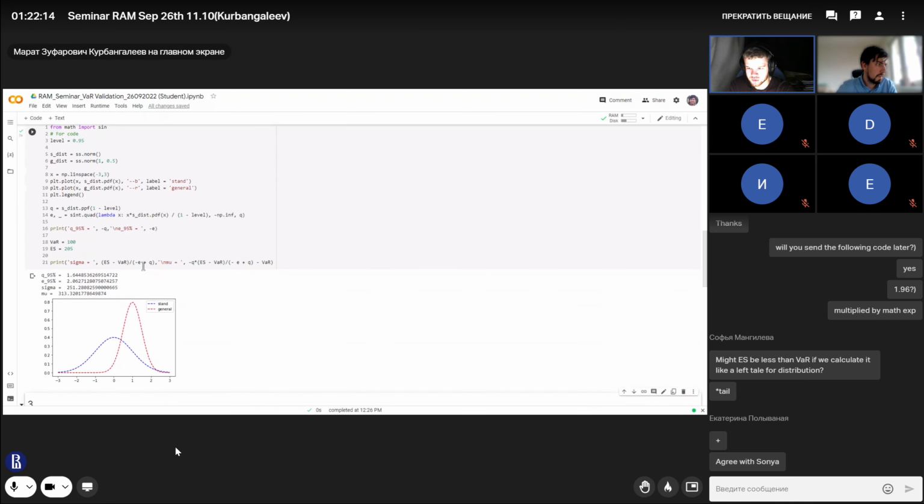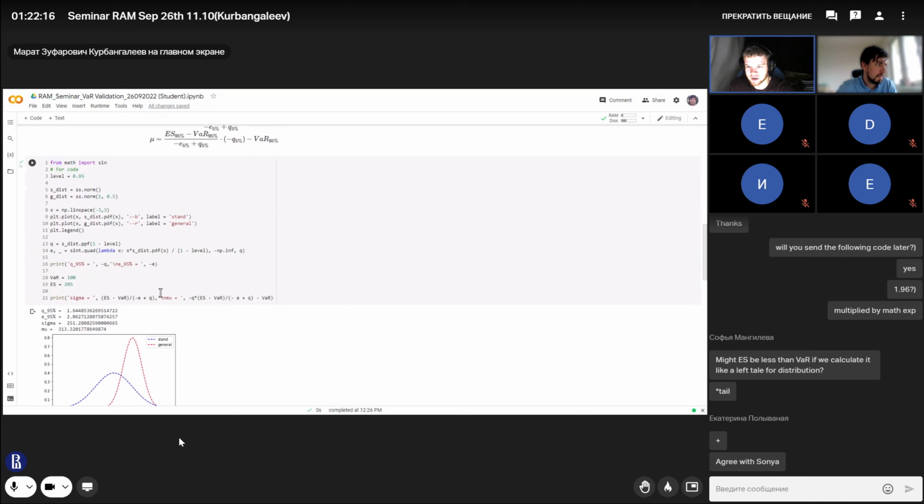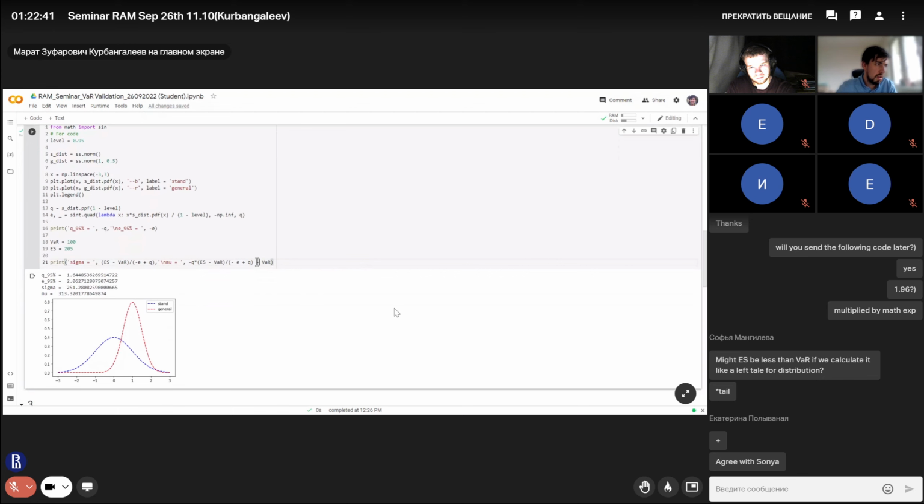Maybe we should take a break and after that look at it with a fresh eye. So the greater expected shortfall means the greater sigma. Okay, and why VaR here?